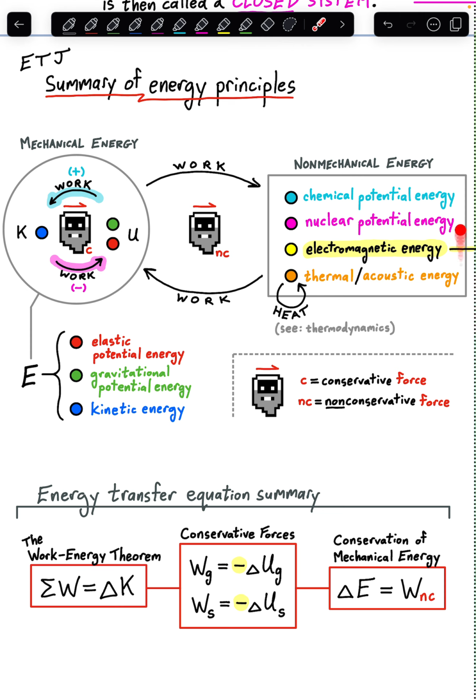In this non-mechanical group over here, we include chemical potential energy, nuclear potential energy, electromagnetic energy, and thermal and acoustic energy. I should also mention that thermal energy can be transferred between bodies, between systems, via a process called heat transfer, which is a subject you would study in a course on thermodynamics.